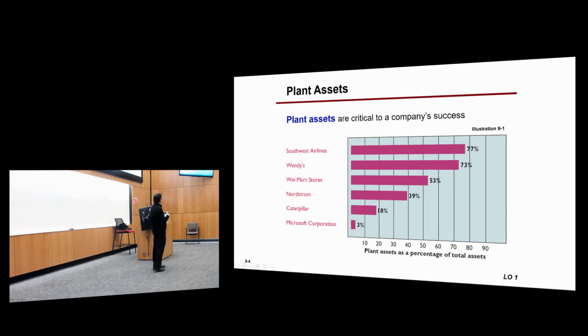This slide simply shows you how important plant assets are, because in many cases for big companies like Caterpillar, or for companies like airline companies, they have a lot of equipment. So a big part of their assets are actually PP&E.